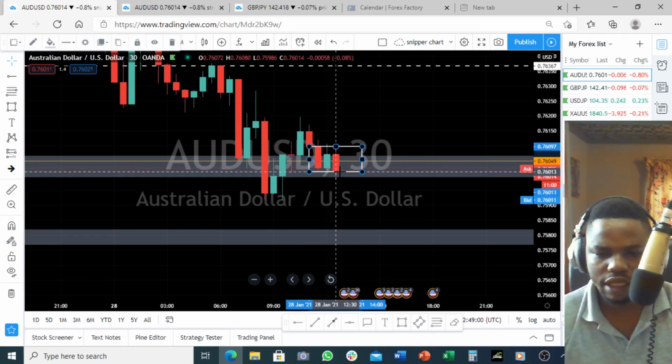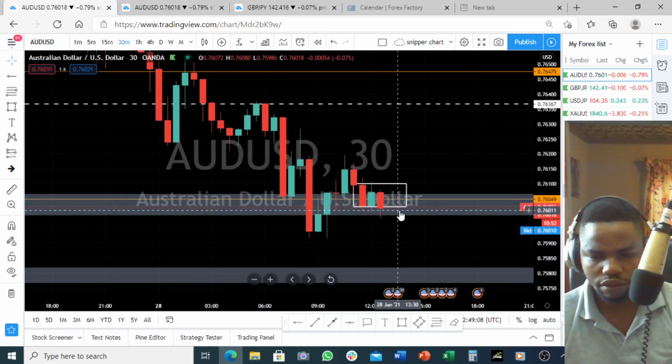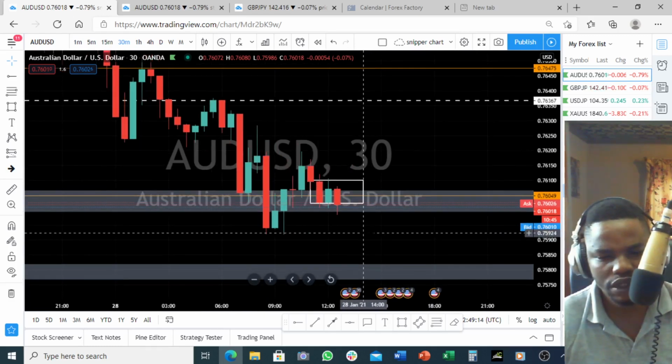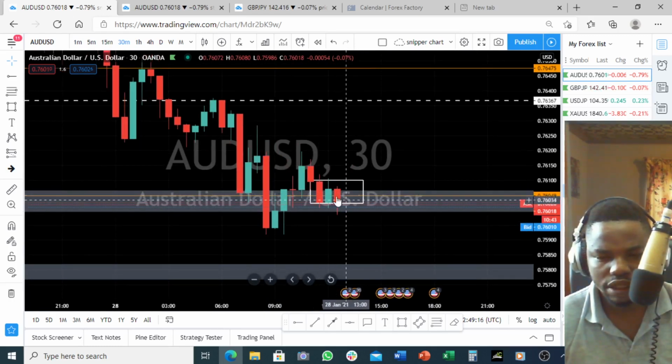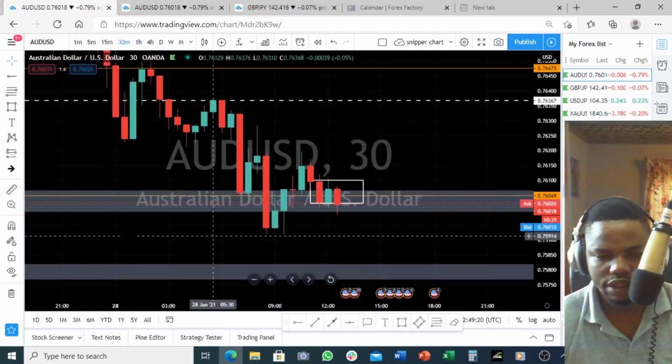Another thing that I don't like about having to draw mystery boxes here, though they work, is not enough candles to consolidate. After this candle closes, it has about 10 minutes to close here. After this candle closes, I can target this area, but I'm aware of this area.